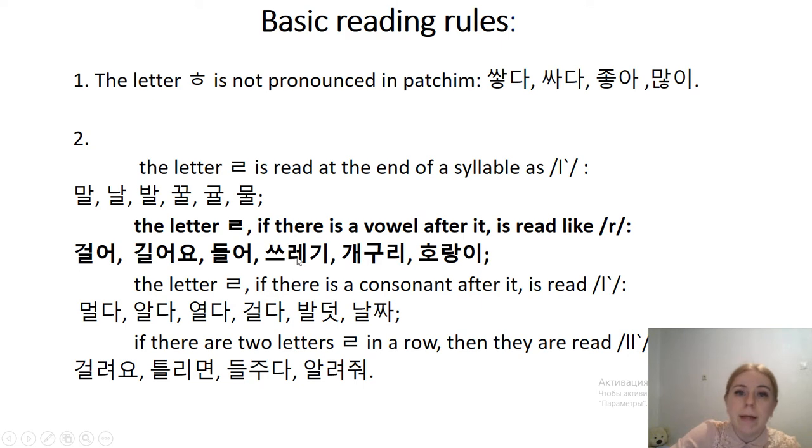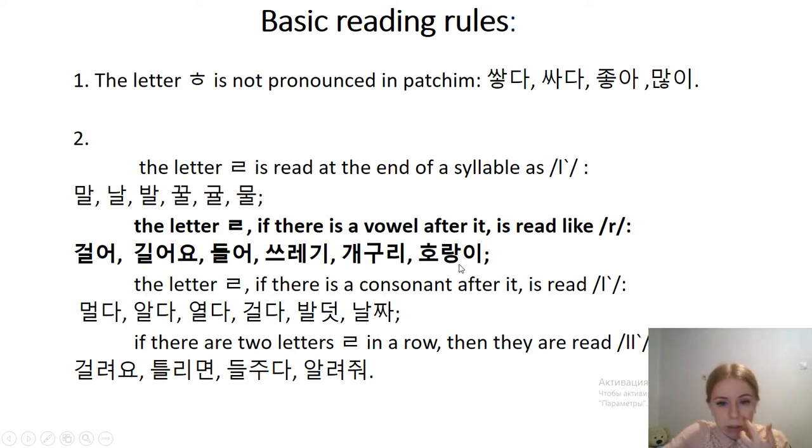쓰레기. Here it's R plus E. E is also a vowel, so we read it like 쓰레기, re, 쓰레기. Here it's the same, it's R plus vowel, so we read it like 개구리, 개구리. And here it's R again plus vowel sound A. So we have 호랑이, 호랑, 랑.